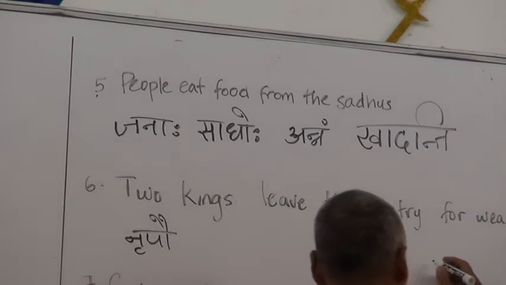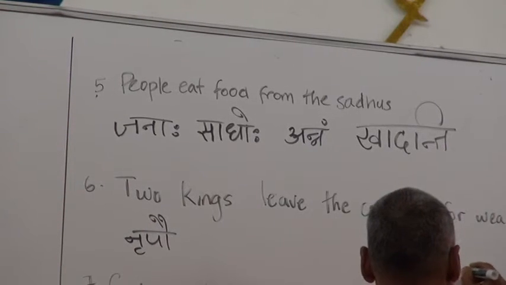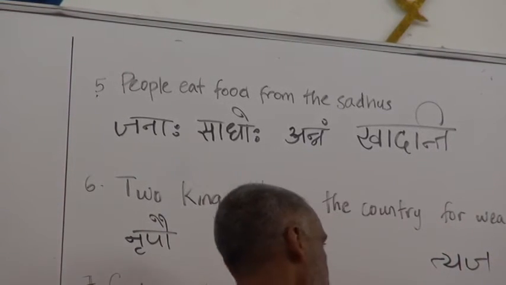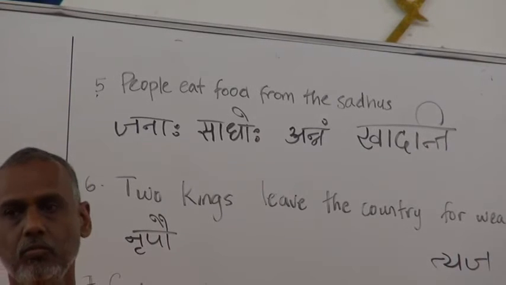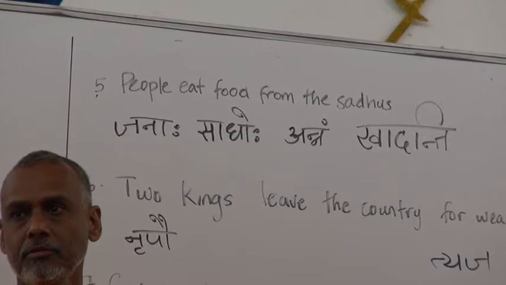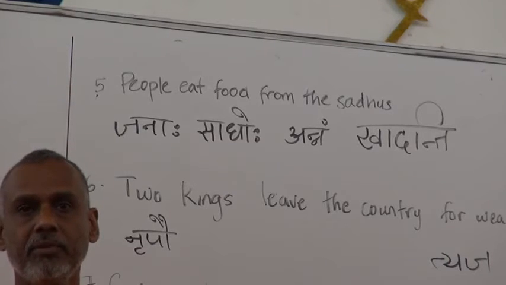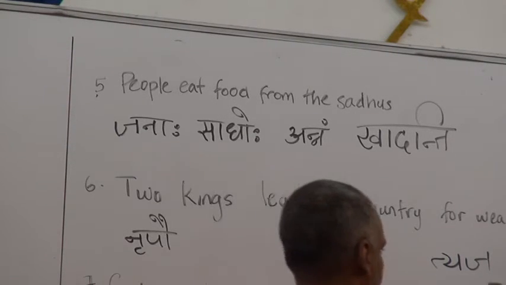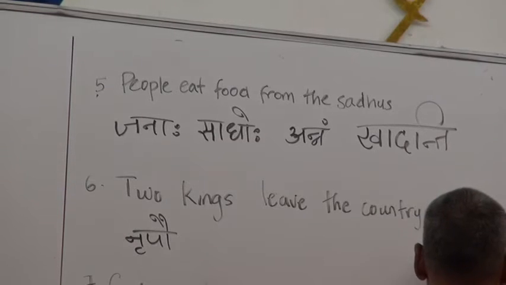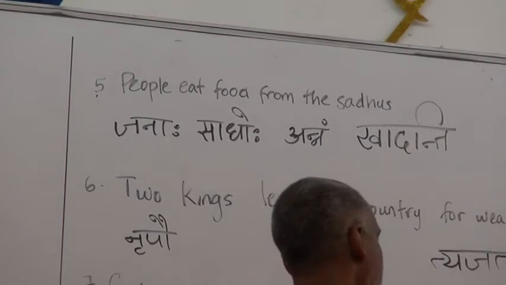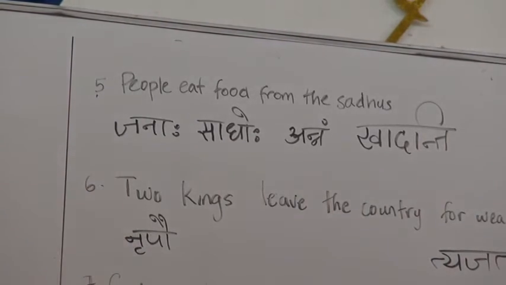So, you want which number and which person? Third person, dual, sorry. Tyajataha. If you have gachataha, it is okay. If you put gachataha, it is all right also.